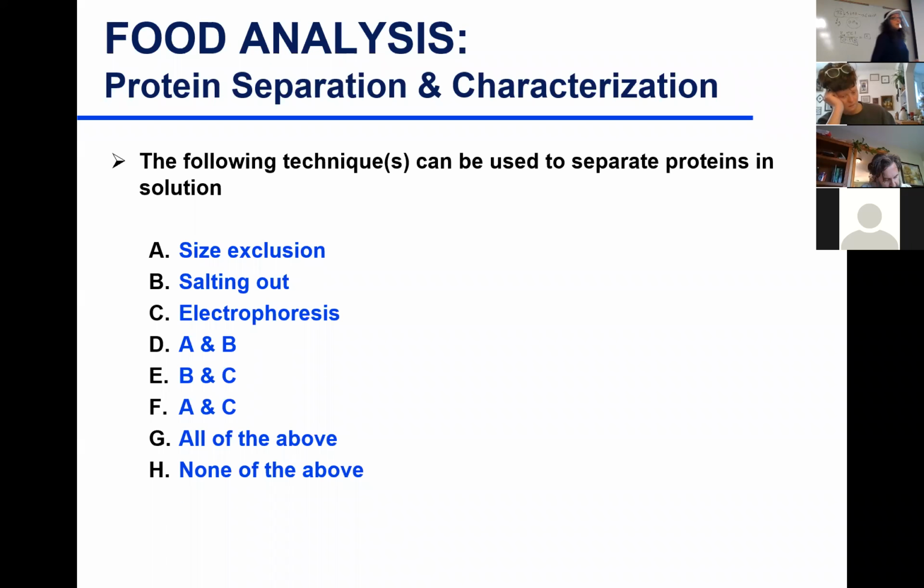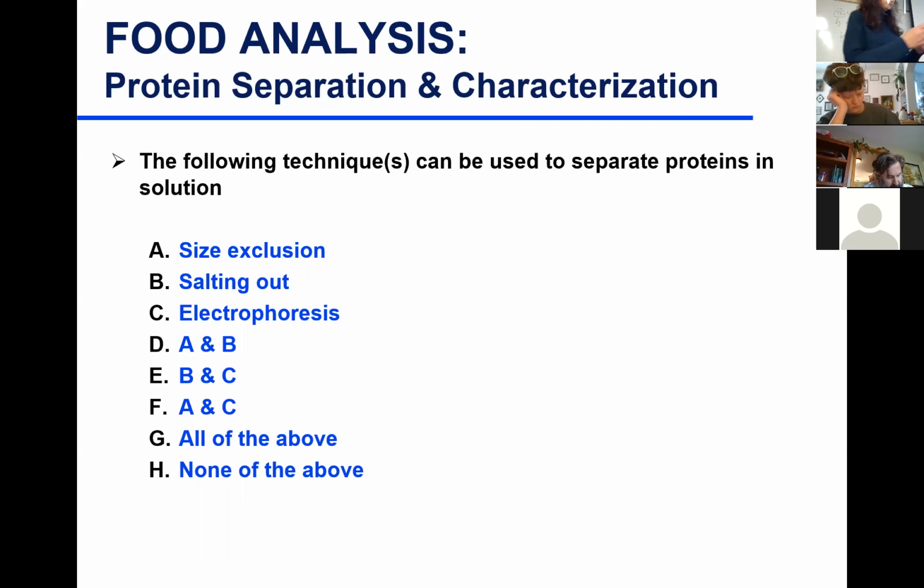We can also separate them based on size using size exclusion chromatography. Electrophoresis, we're going to learn about electrophoresis. We can separate them in a gel based on size or based on charge to size ratio. So we can look at the different profile within a protein sample. But electrophoresis is not really used as a preparatory or preparative method.